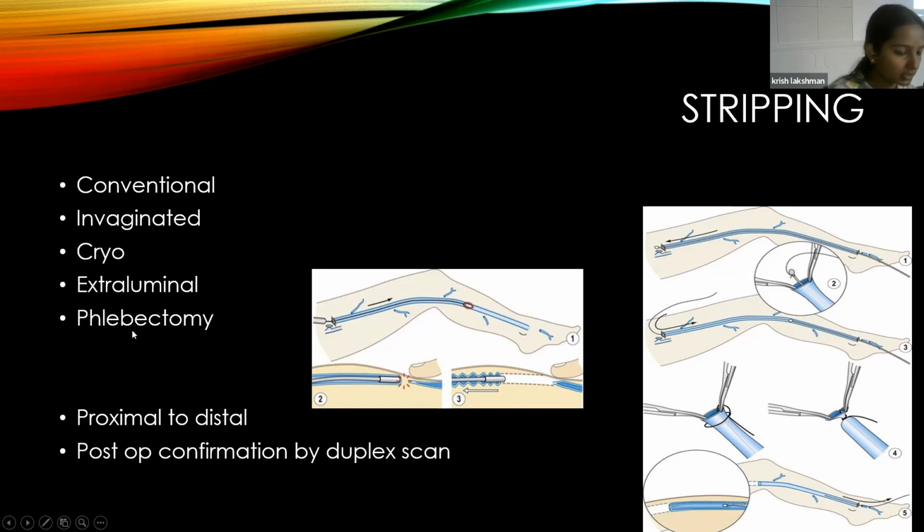Phlebectomy is a procedure in which only this part of the limb is removed: it is pulled out and ligated on both ends and the stumps are replaced. The stripping is almost always done proximal to distal and it is advised to confirm by post-operative duplex scan.